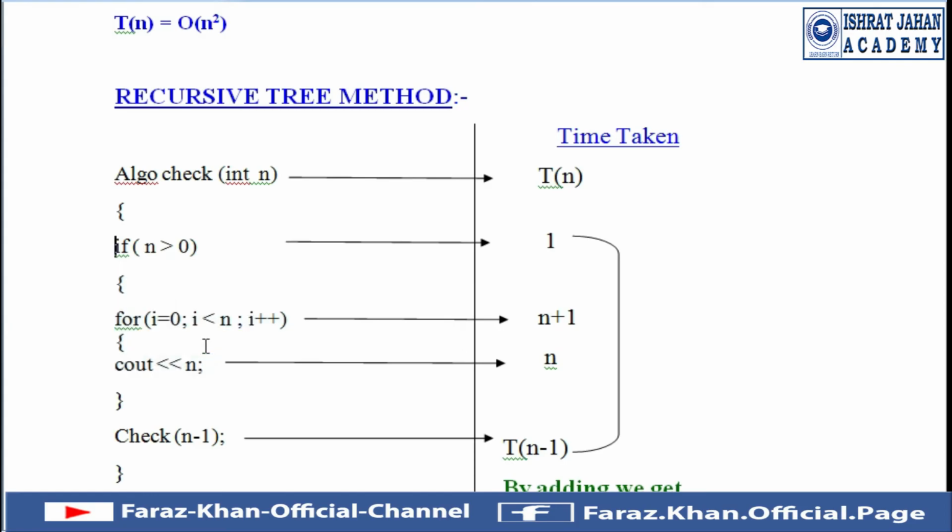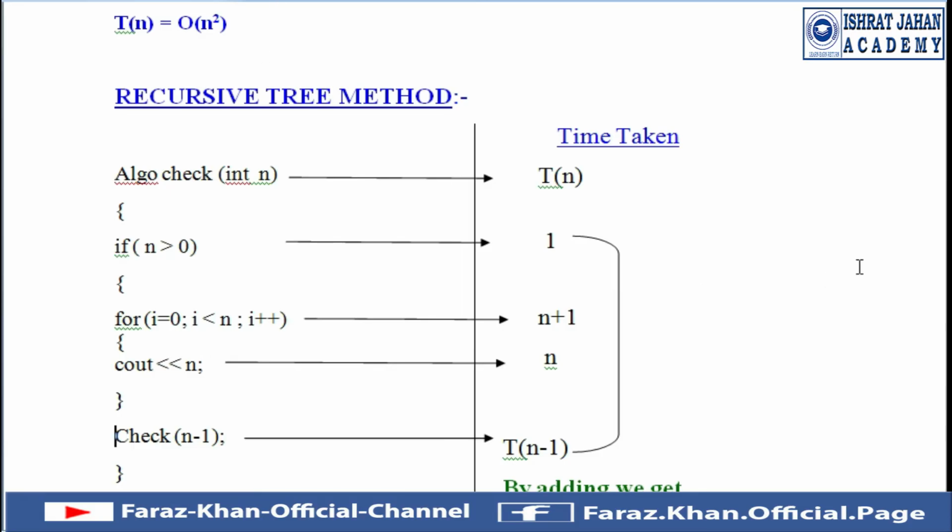If n is greater than 0, this code will execute and check will be returned by n minus 1. So it will reduce n by 1 each and every time it will call itself.